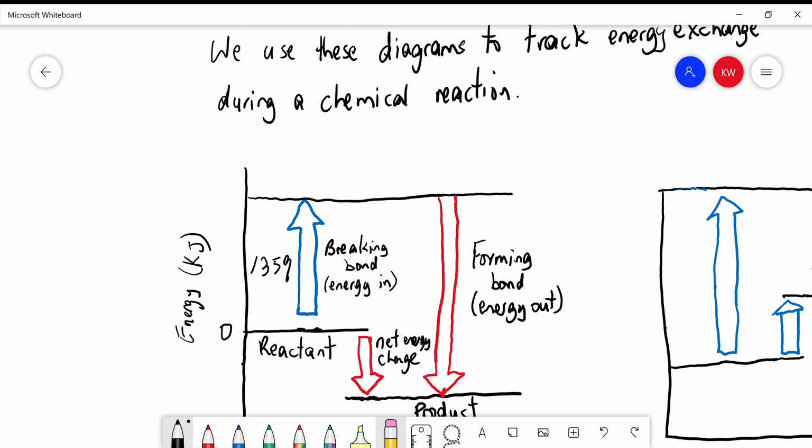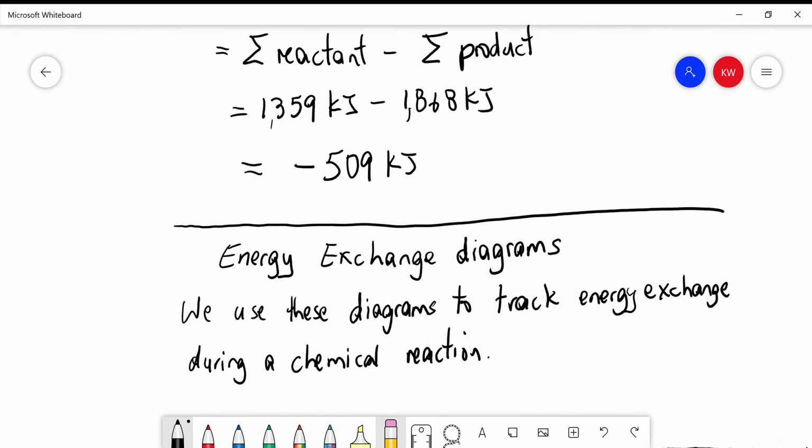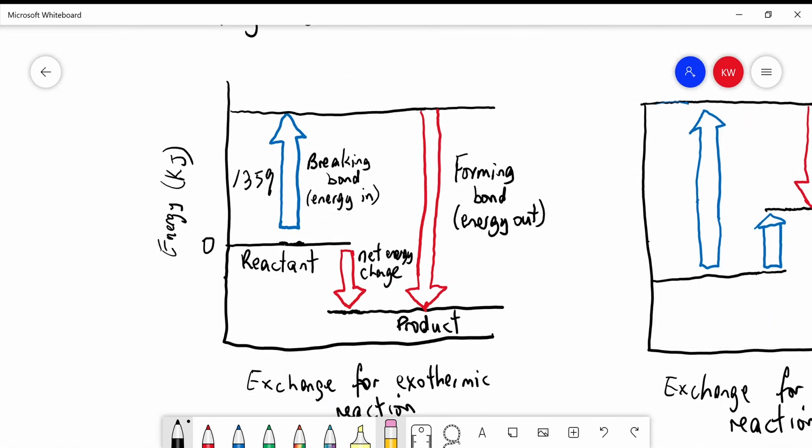To form the bonds on the product side, let's see what we had: 1,868. That is for the formation of the product.